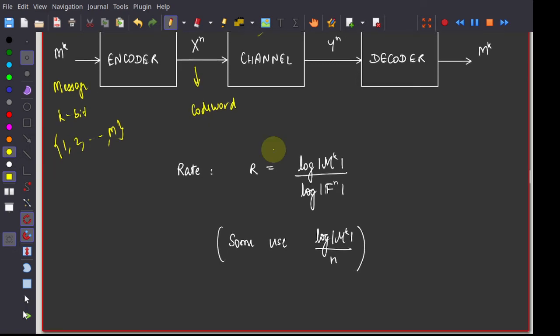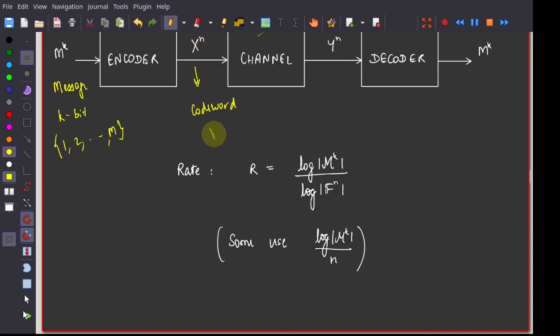But in all of these, we're obviously interested in A, the kind of error tolerance and reliability that we can guarantee, and B, how much additional redundancy we have to introduce into the system. So the redundancy is going to be measured using this quantity called the rate, which is how much additional overhead you have to put in. Right? So I have a k-bit message, but I'm going to convert it into a code word of length n.